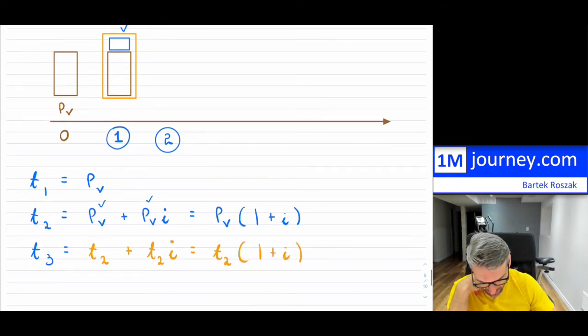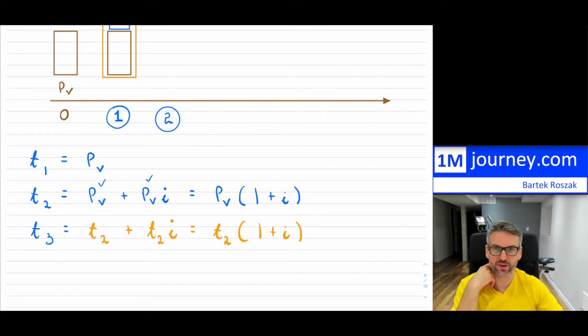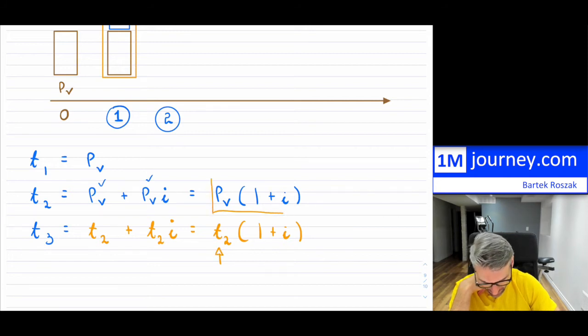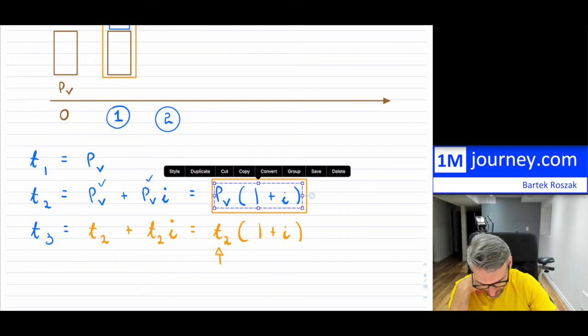Notice that this looks very similar to the one above. But here, what is T2? Well, T2 is this. So I'm going to just copy it here. If I take this, I'm going to duplicate it.